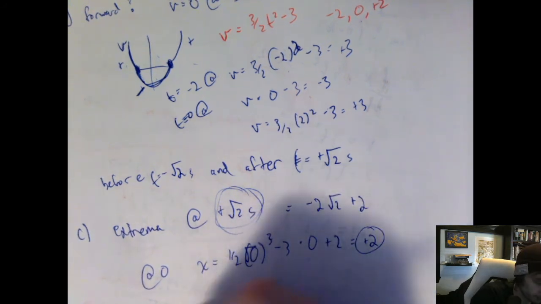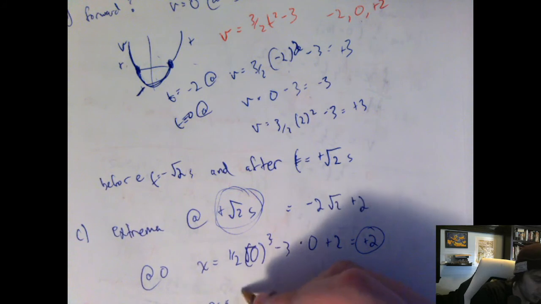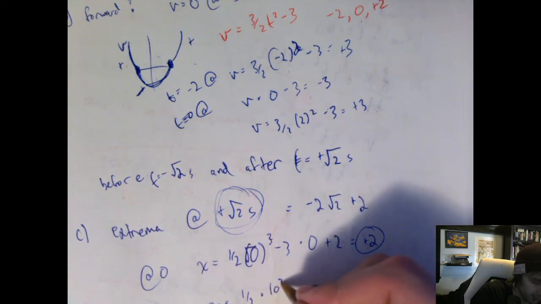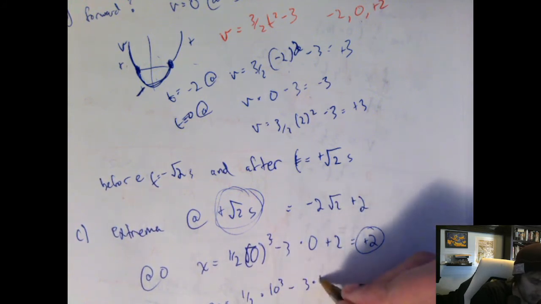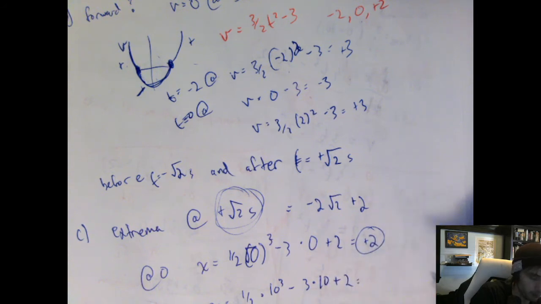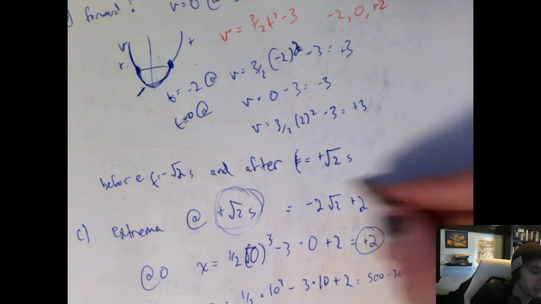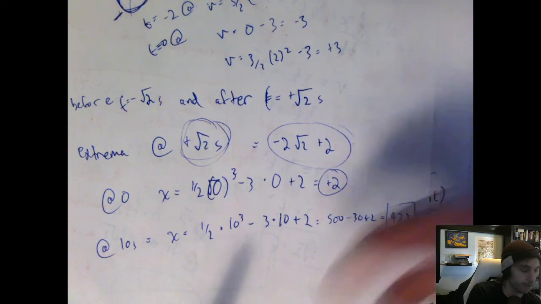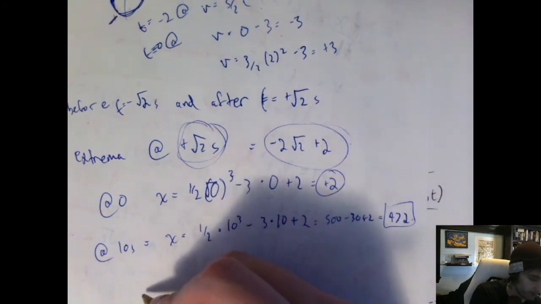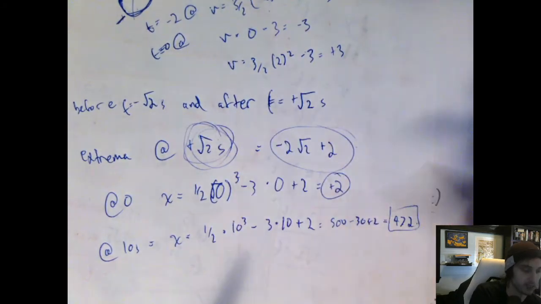At 10, we've got x equals 1/2 times 10 to the third minus 3 times 10 plus 2, which is going to be 500 minus 30 plus 2, which is 472, I believe. What I can do is then combine these 3. We go down from here to here. So my displacement for this first section is the position at the later point minus the position at the first point.